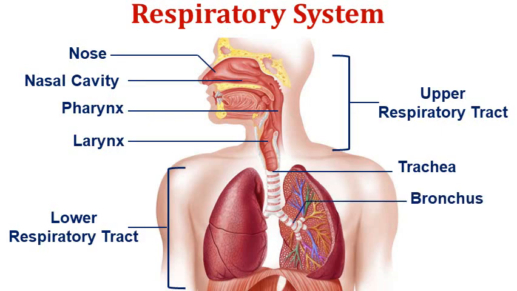Then the trachea divides into bronchi and each bronchus enters each lung. Further, bronchi divide into the bronchioles, and at the last these bronchioles enter into the structural and functional unit of the respiratory system, that is the alveoli.